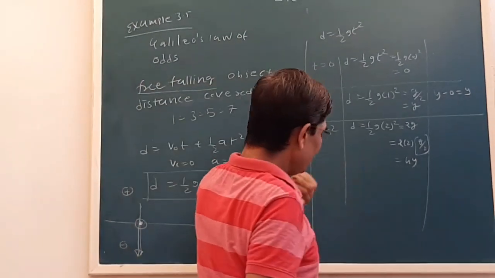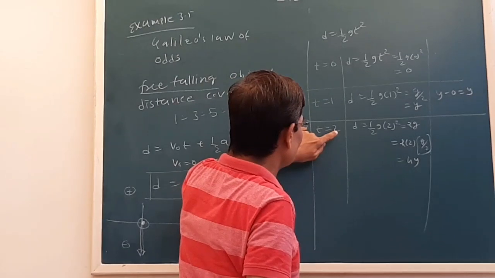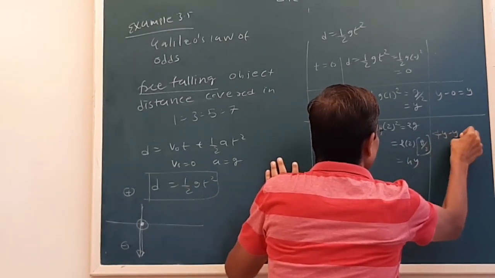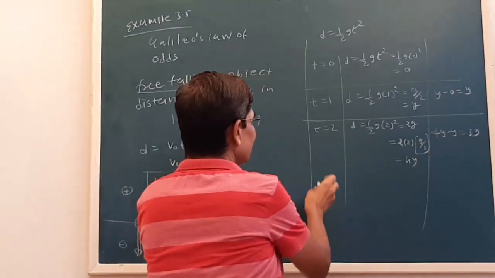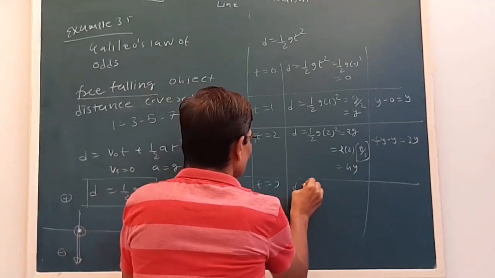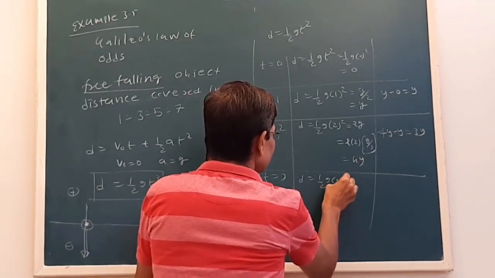The distance covered in the time interval between 2 seconds and 1 second will be 4y minus y, which is 3y. Now let us say t is equal to 3 seconds, so d is equal to 1 by 2 g into 3 square.